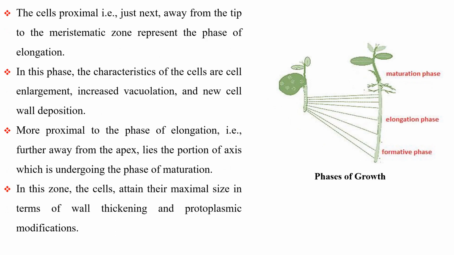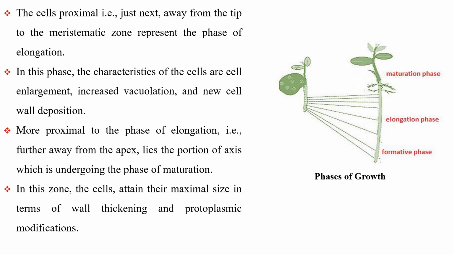The cells proximal to the meristematic zone, that is, just next away from the tip, represent the phase of elongation. In this phase, the characteristics of the cells are cell enlargement, increased vacuolation, and new cell wall deposition.